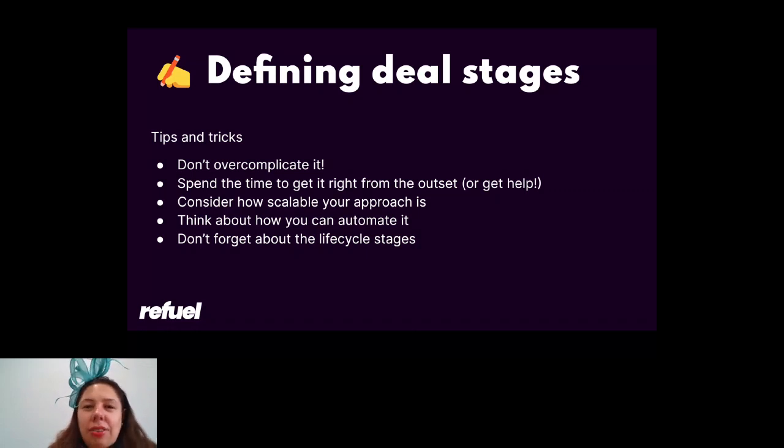They'll be tied to 3 different roles or something like that, perhaps, or they might just be the default person who's responsible for it. But with those types of things, we'd recommend looking at ways to automate those shifts between the deal stages where possible. So the next tip ties in directly to that scalable one around thinking about how you can automate some of the transitions between deal stages.